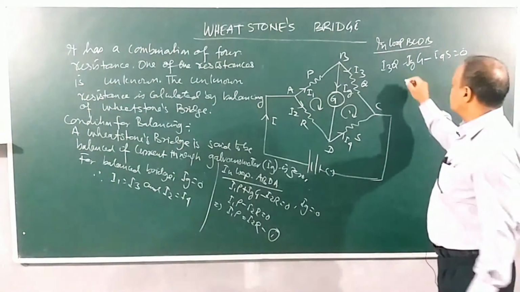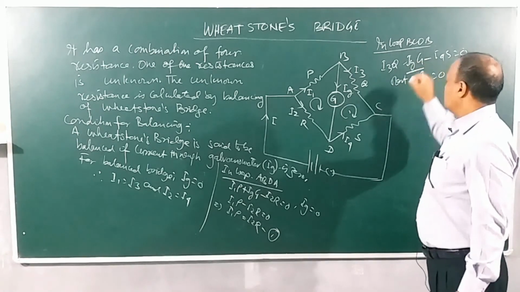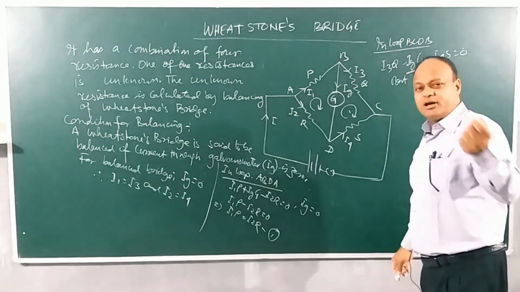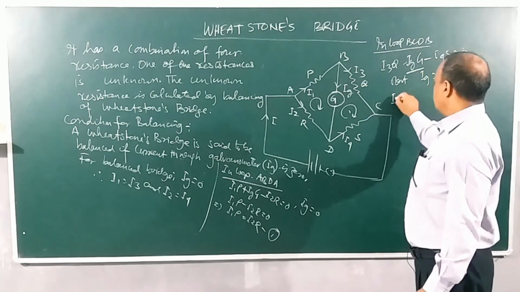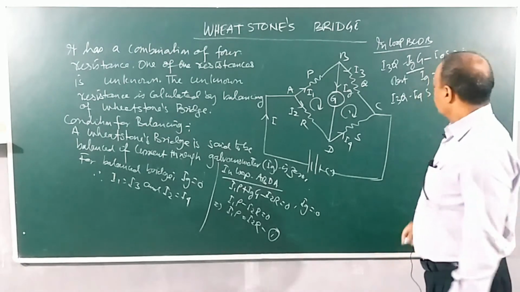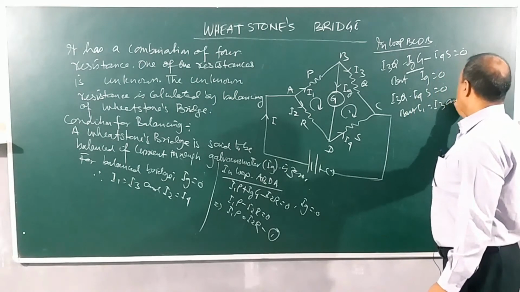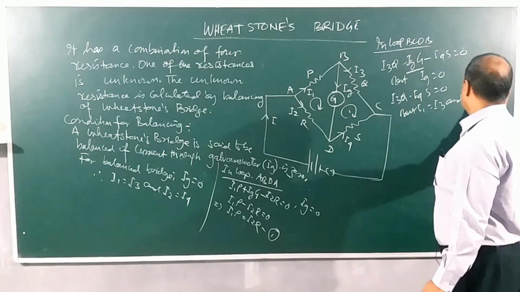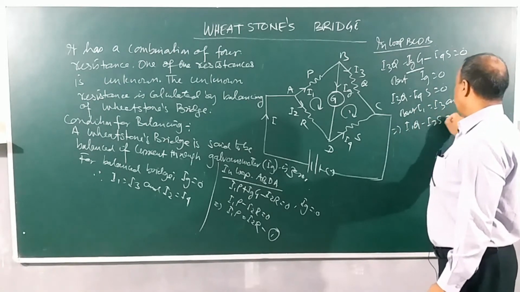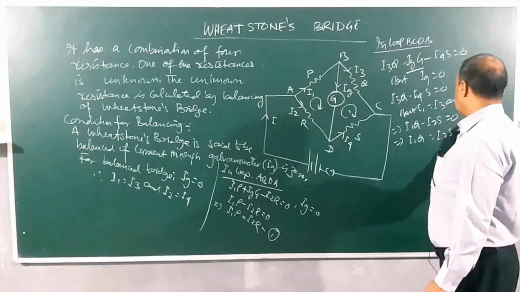Again we know for balanced bridge Ig is 0, because when the bridge is balanced there will be no current between points B and D. So I3Q minus I4S is equal to 0. But we said I1 is equal to I3 and I2 is equal to I4. If you put these values here, then we get I1Q minus I2S is equal to 0, or I1Q is equal to I2S. This is equation 2.